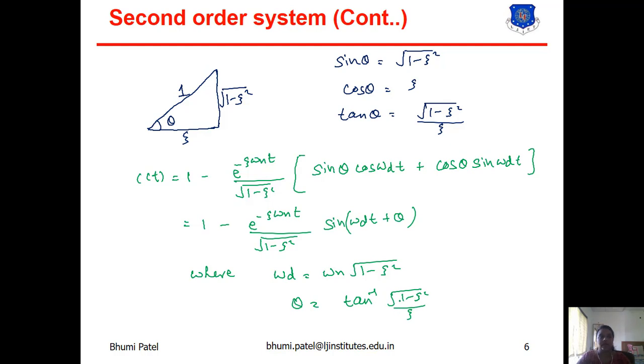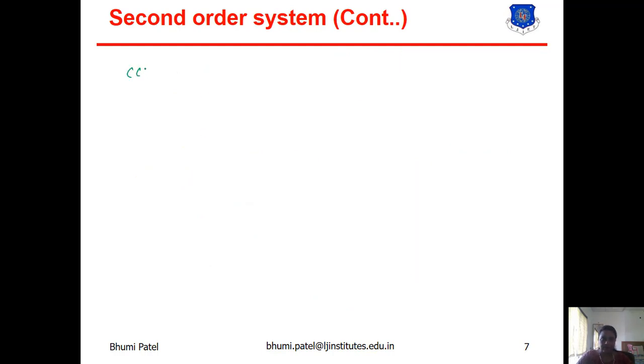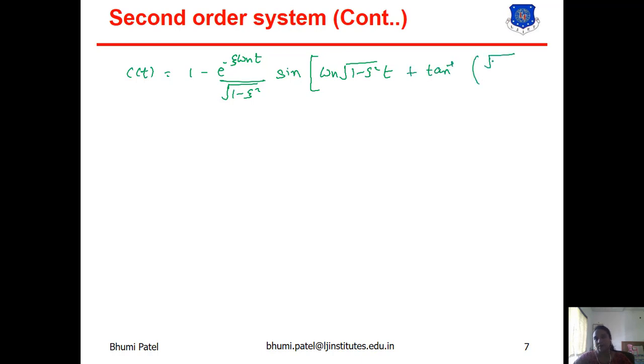So final equation of second order system is equal to C of t is equal to 1 minus e raised to minus zeta omega n t upon under root of 1 minus zeta square sin omega n under root of 1 minus zeta square t plus tan inverse under root of 1 minus zeta square upon zeta.